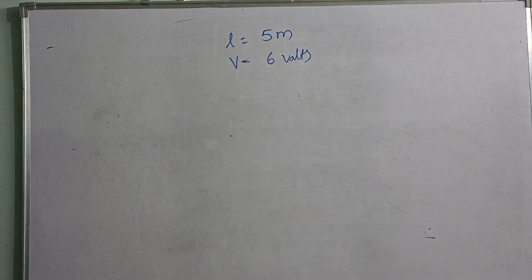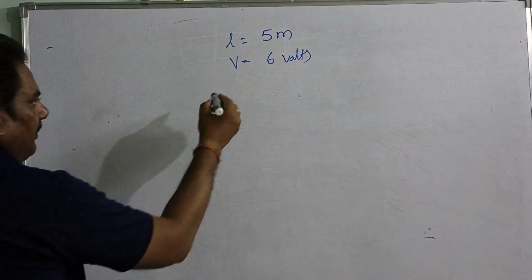Potentiometer wire. Find the EMF of the cell when the balancing length is 180 centimeter.